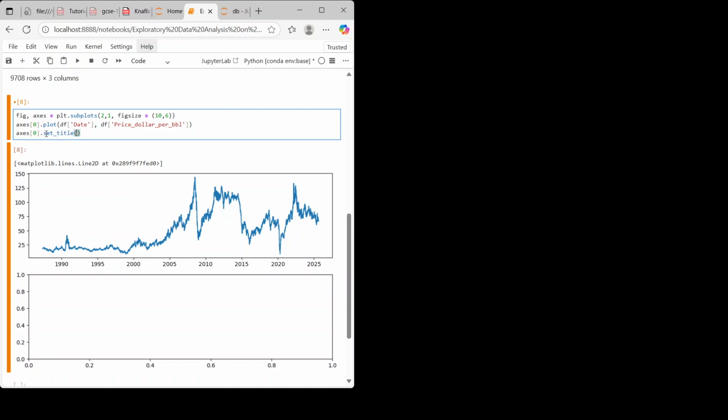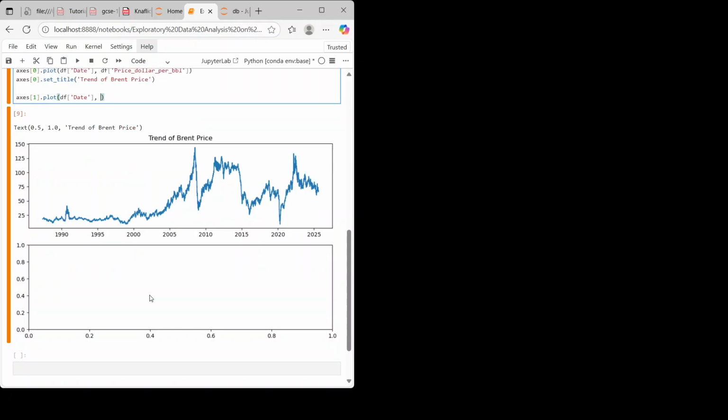Let's say trend of Brent, our y-axis. So what should be our y-axis? So DF, and our y-axis should be the log return. So if you're not sure, you can go and copy it and bring it here because it should be case sensitive. Otherwise, it's going to give you an error.